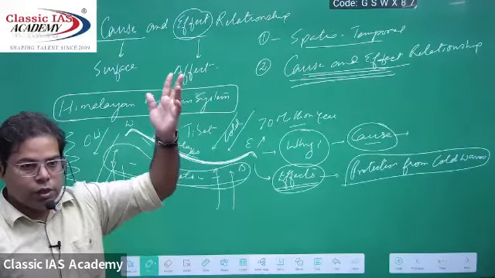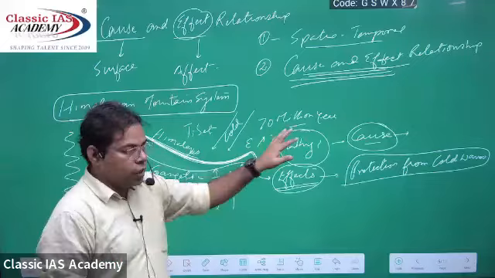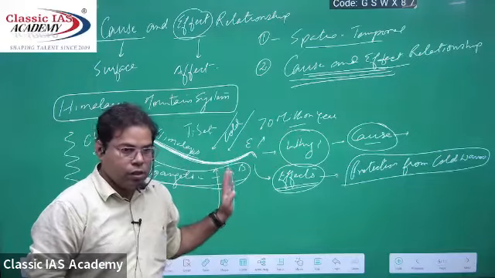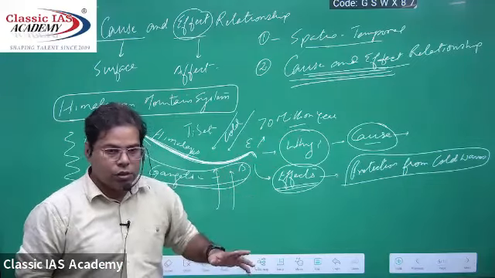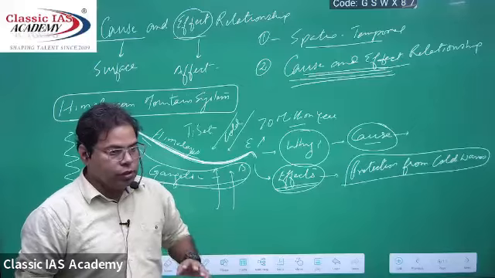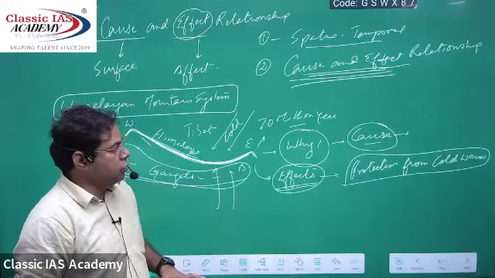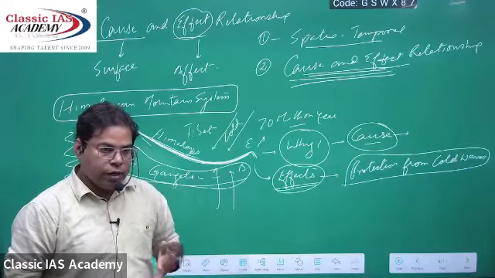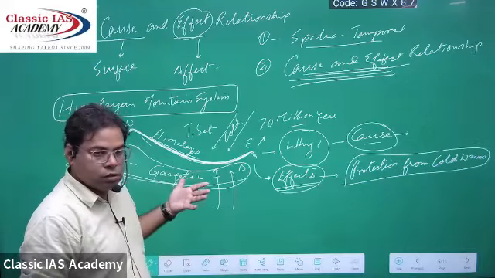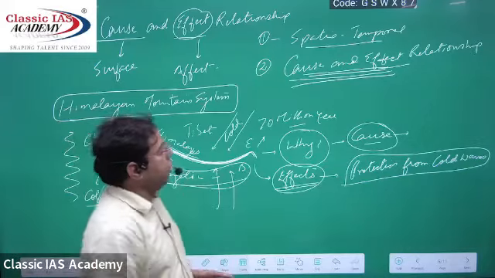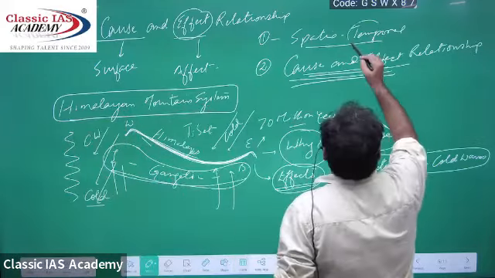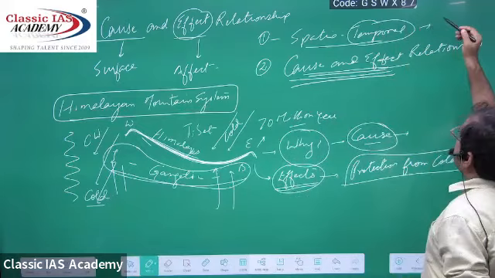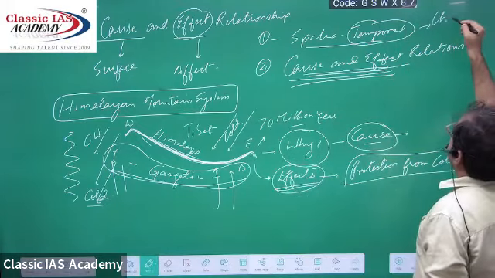Before 70 million years, there was nothing on this land at the place of present Himalaya. It was ocean. After 70 million years, with the gradual change in the geology of the earth, it has uplifted and formed Himalayas. So with a period of time, temporal means with a period of time, changes take place.